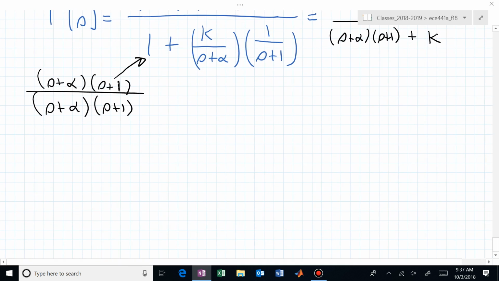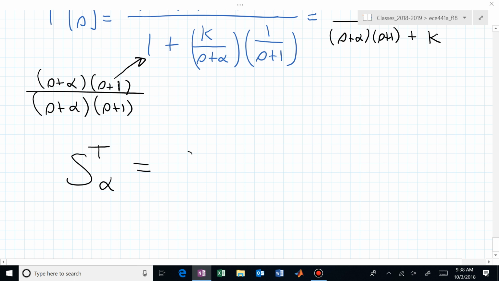What do we want? We want to find the sensitivity of that transfer function with respect to alpha. Can we find that expression? And we will do that two different ways. The first way is we're going to apply the chain rule from calculus.